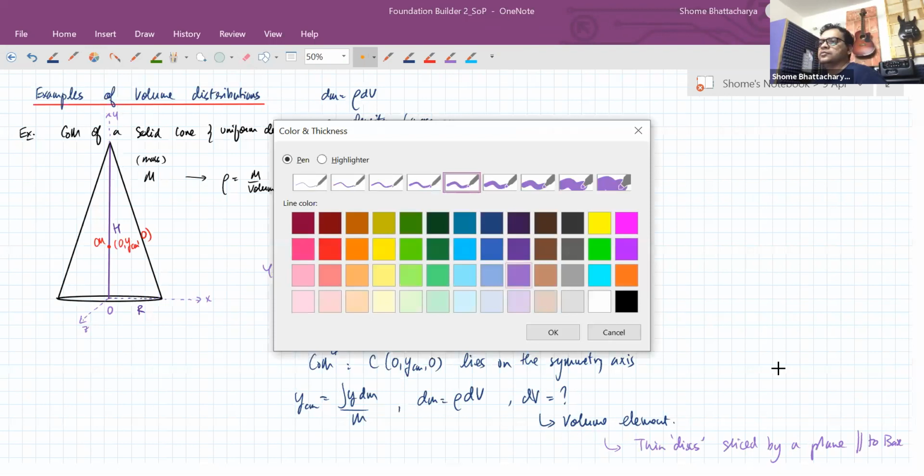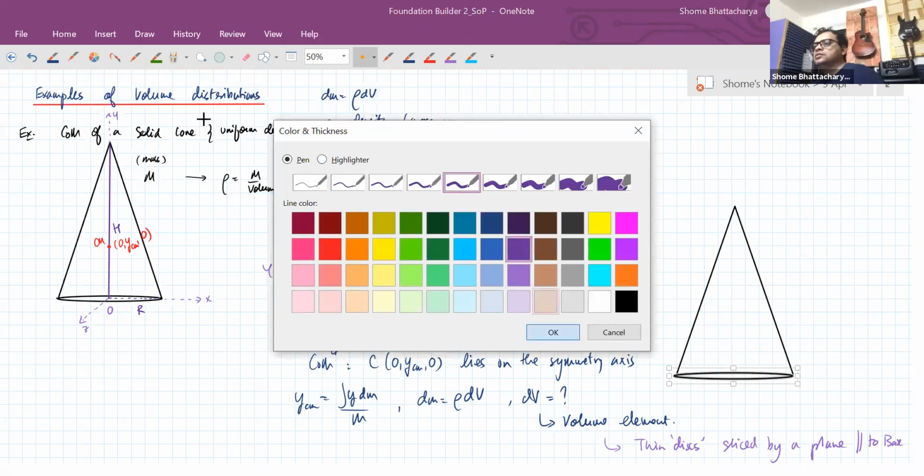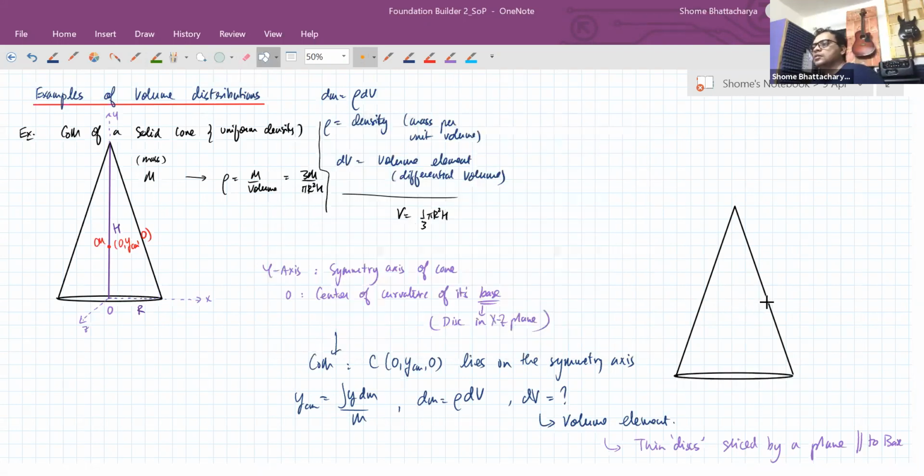Okay. So basically what we should do is slice this cone into thin discs like this, which have less thickness.